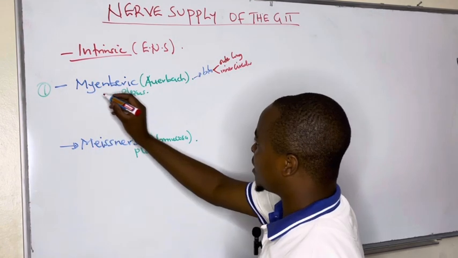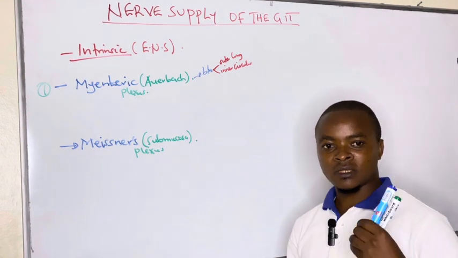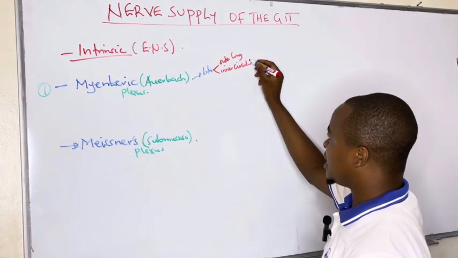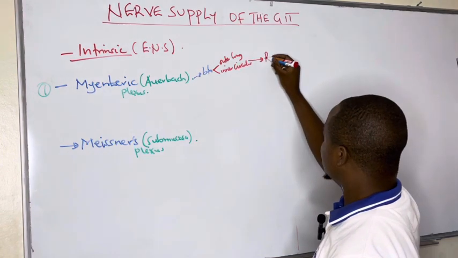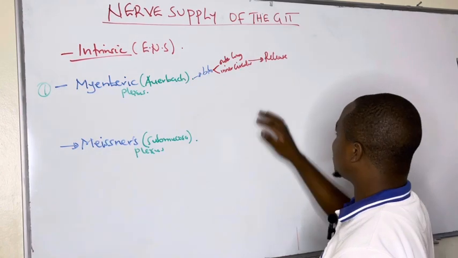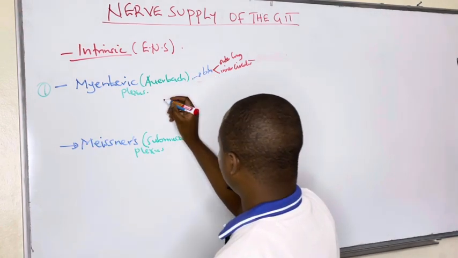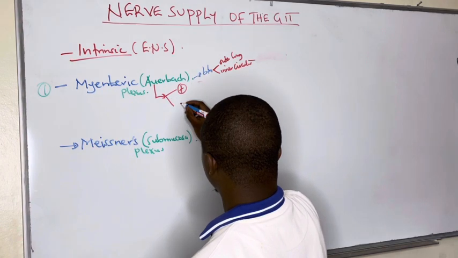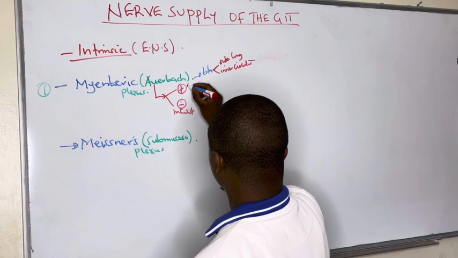And its major role is that when we think about food, the thought, smell, taste, and presence of food triggers this nerve supply within the myenteric, and they are triggered to release neurotransmitters. The Auerbach plexus releases those that stimulate and those that inhibit.